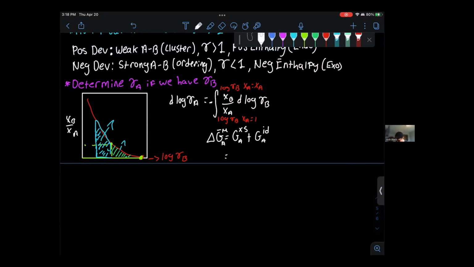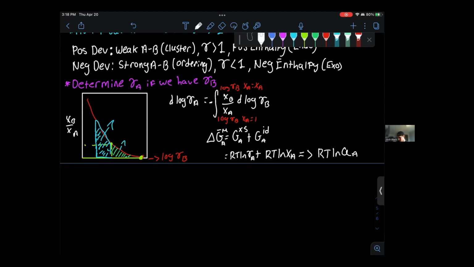Our ideal Gibbs is always going to be RT ln xA. That is the partial molar Gibbs free energy of an ideal mixture. Now for our excess term, you can take a guess what that's going to be. It's going to be RT ln of our activity coefficient of A. If we use logarithm properties, this is just equal to RT ln of the activity. We know this is the Gibbs free energy.